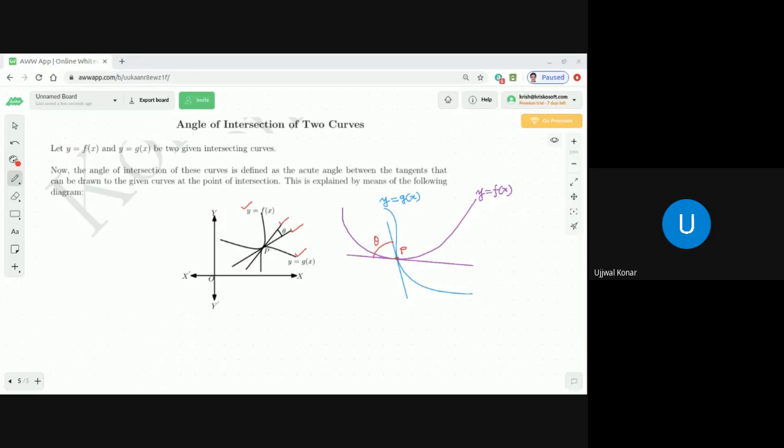Now what we are going to discuss, dear students, is that if we take the coordinates of the point P as (x1, y1), then obviously we get y1 equal to f(x1) and y1 equal to g(x1), and then we are deriving these two important points. So let me show it to you here.